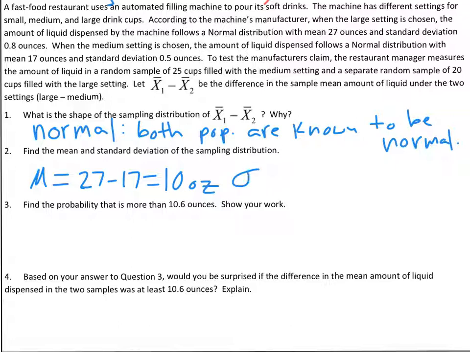And then with sigma, standard deviation for the large setting is 0.8, and that was taken from a sample of 20. Standard deviation for the medium setting is 0.5. And there we took a sample of 25.